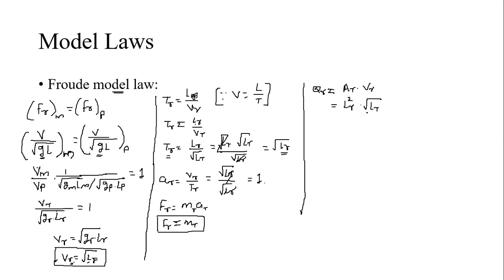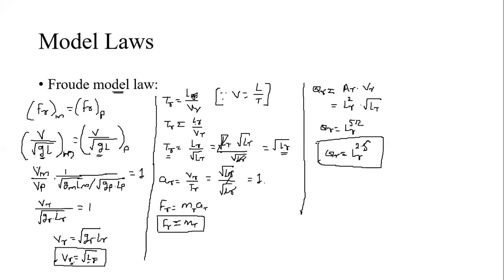So Qr is equal to Lr raised to 5/2, or Qr is equal to Lr raised to 2.5. This is about the discharge scale ratio by the Froude model law.